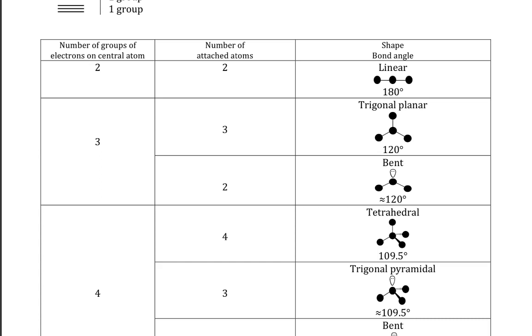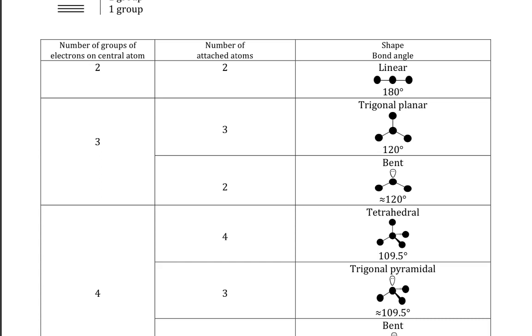If, on the other hand, we have 3 groups of electrons, but only 2 attached atoms, then we have the bent structure. That we would have if we have the central atom with 2 atoms attached and 1 lone pair. That gives rise to the bent structure, the bent shape. The bond angle is about 120.